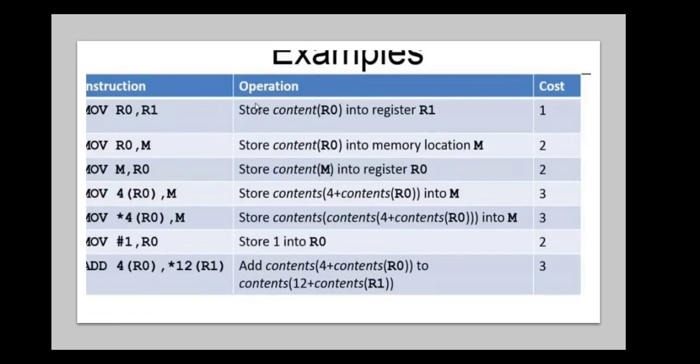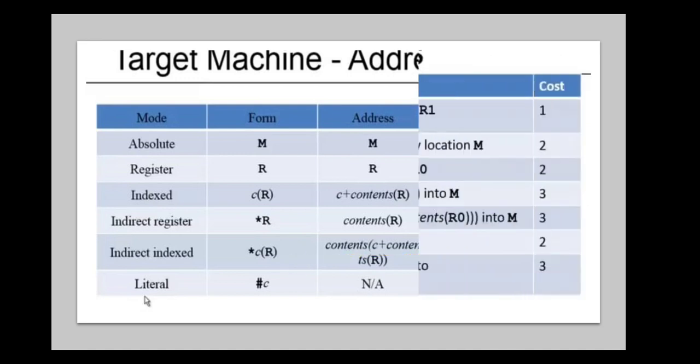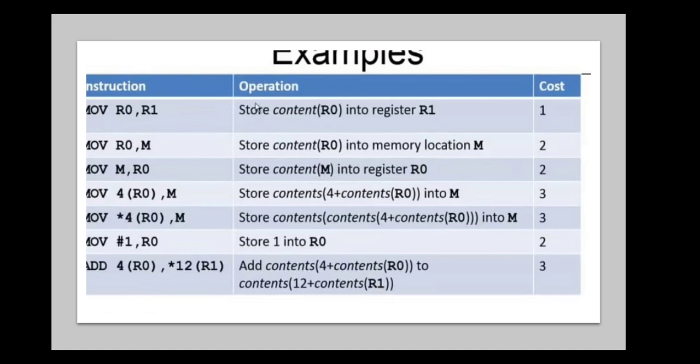Move consists of 1, and since no memory is involved the cost is 1. Then move R0, M: now the value will be stored in M. R0 has no added cost, so move and M have 1 and 1, and the total cost will be 2. Another one, move M, R0, is similar: move has 1, M has 1, and R0 is 0, so the total cost will be 2.